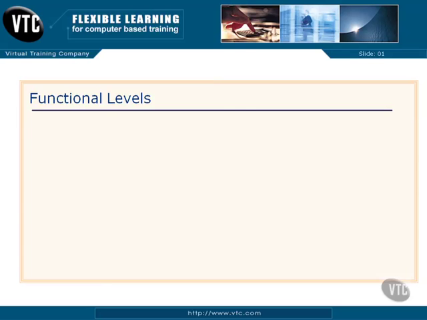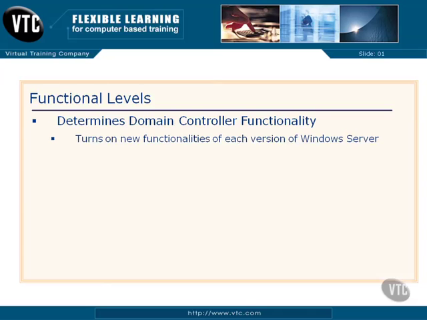So the bottom line is I have to find the lowest common denominator of all of my servers to determine what functionalities I can use at the domain and forest level. So the functional level determines your domain controller functionality. Really what this does is it allows the new functionalities of each version of Windows Server to be used incrementally based on the other domain controllers we have.